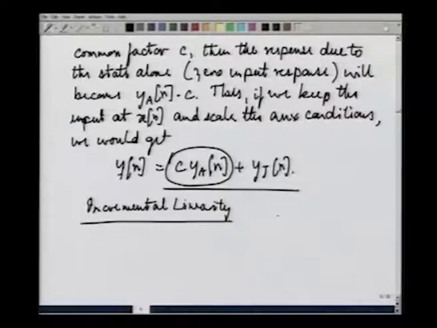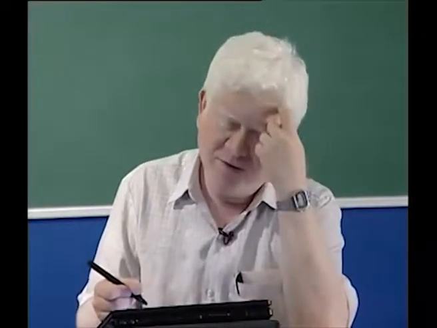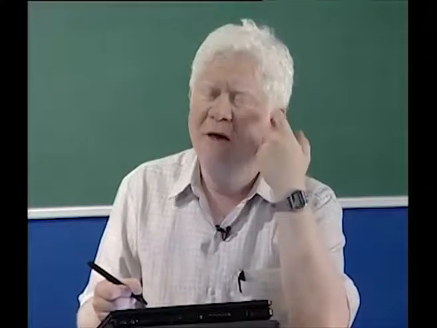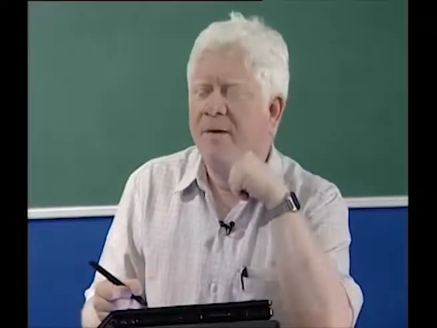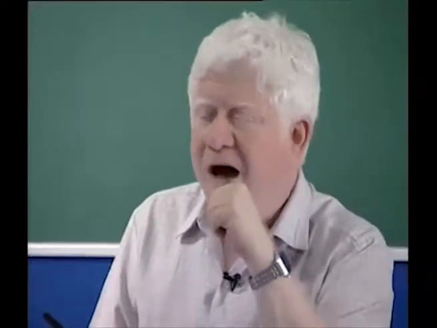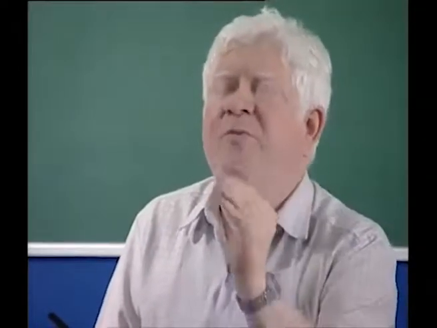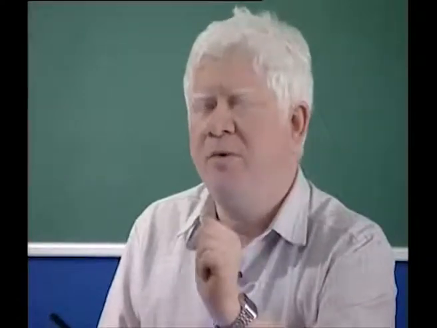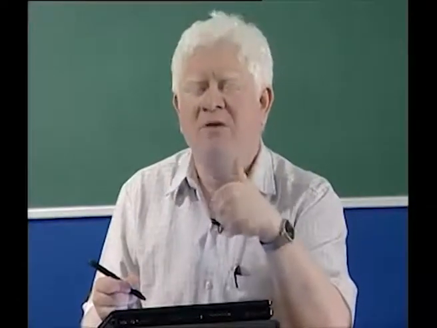These comments I am about to make will apply equally for the continuous time and the discrete time systems. The argument they make is the following. Suppose you have x1(t) as a possible input and x2(t) as another possible input, and the corresponding outputs are y1(t) and y2(t).